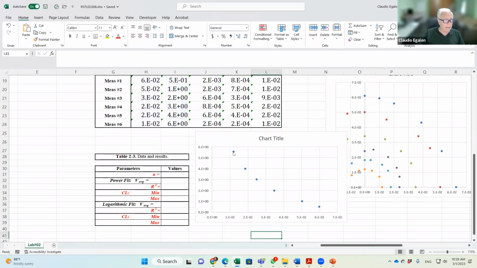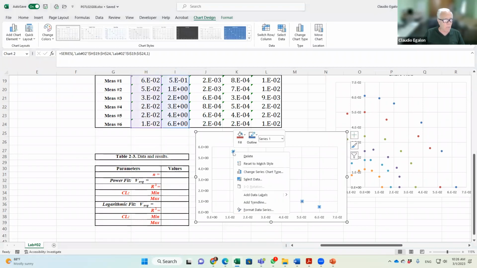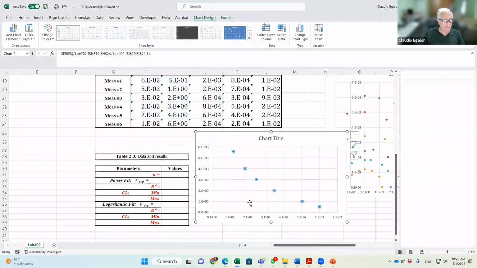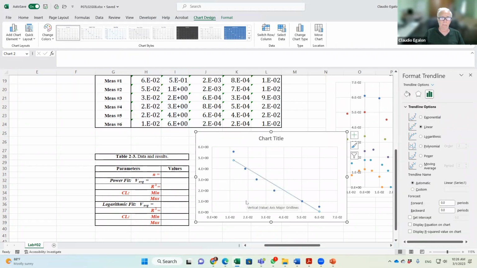Just like before, click one of the data points, right-click it, add a trend line. Because it's clicked linear, your linear drawing showed up here, but you don't want linear. You want a power fit, this one right in here.